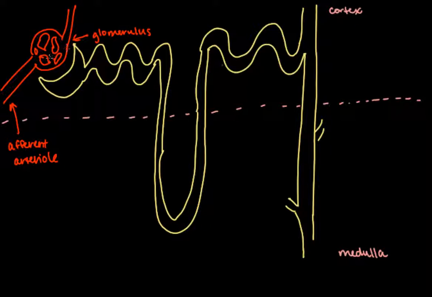And here, the pressure of the blood is enough so that some of the fluid actually leaks out and is collected by this yellow cup. Now, the type of fluid that leaks is basically plasma without plasma proteins and blood cells. So no proteins or blood cells.